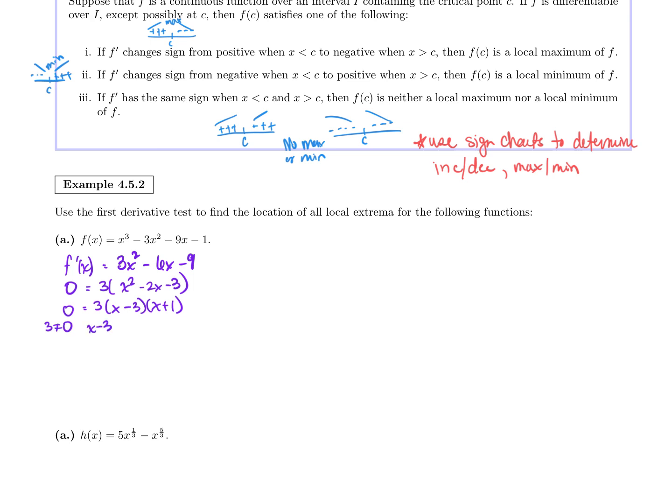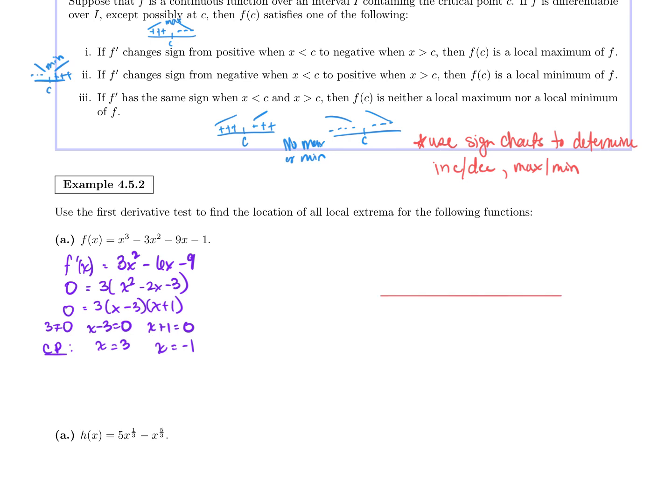But x minus 3 could be 0, or x plus 1 could be 0, and our statement would be true. So x here could be 3 or negative 1. So these are our critical points, I should say, x equals 3 and x equals negative 1, which makes them our possible extrema.